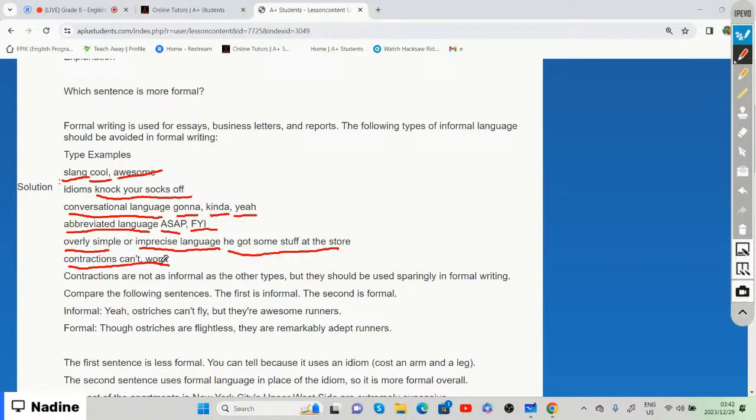That is why they're saying you need to use them sparingly. You cannot all the time say can't, won't, don't, and so on. You need to use them sparingly in formal writing because contractions can pass as not quite an informal type of language.